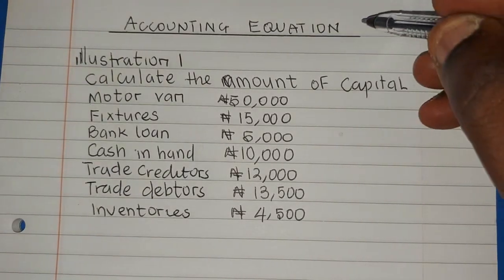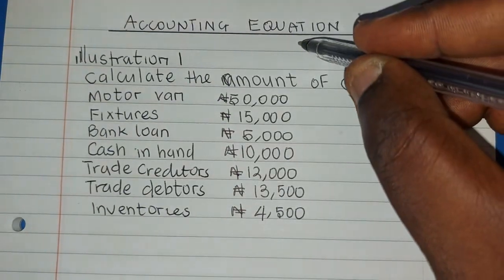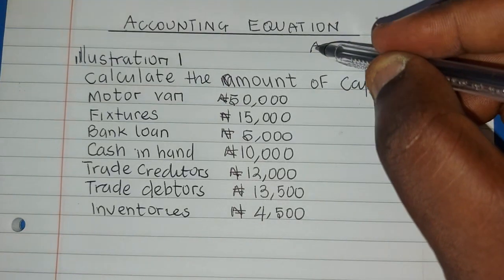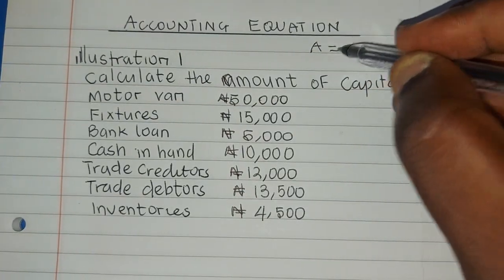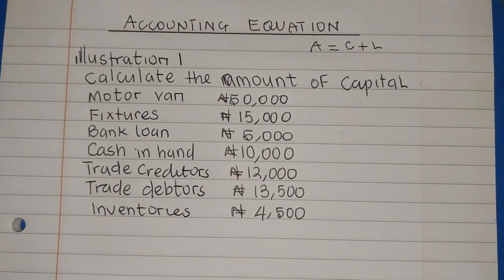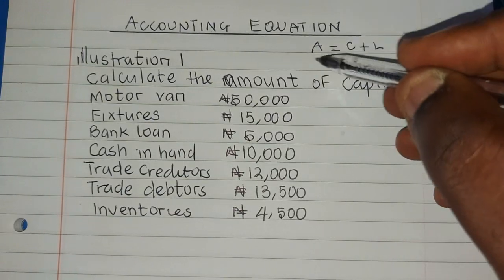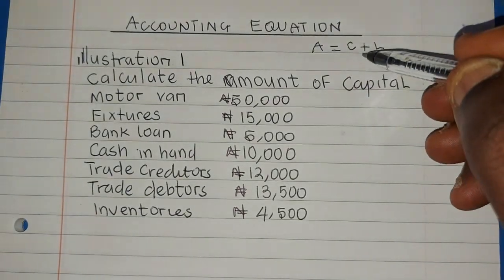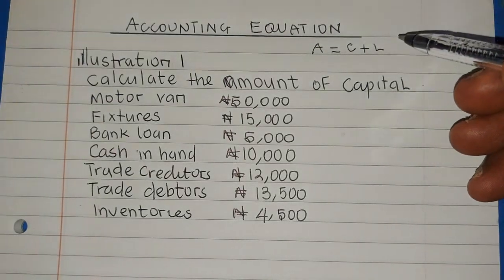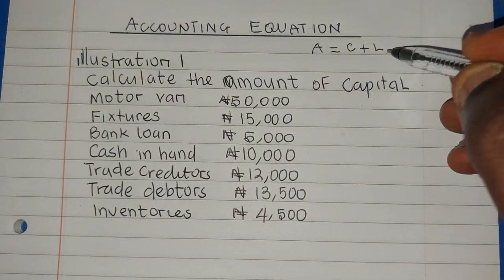So in the last video, we concluded that the accounting equation gives us assets equals capital plus liability, if you remember. Then we said this equation shows the relationship between the assets and the equity of the business, that is the capital and the liability of the business.